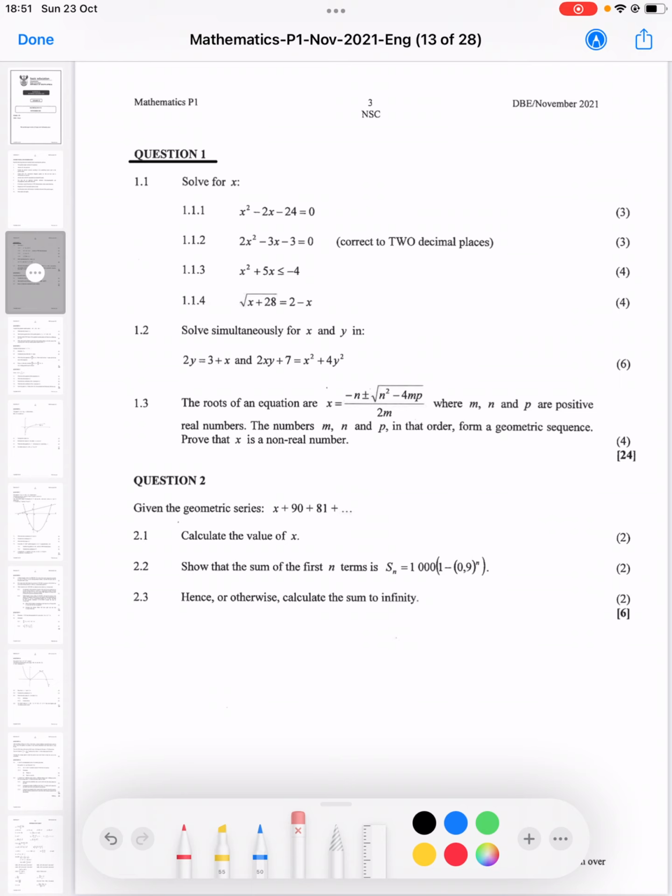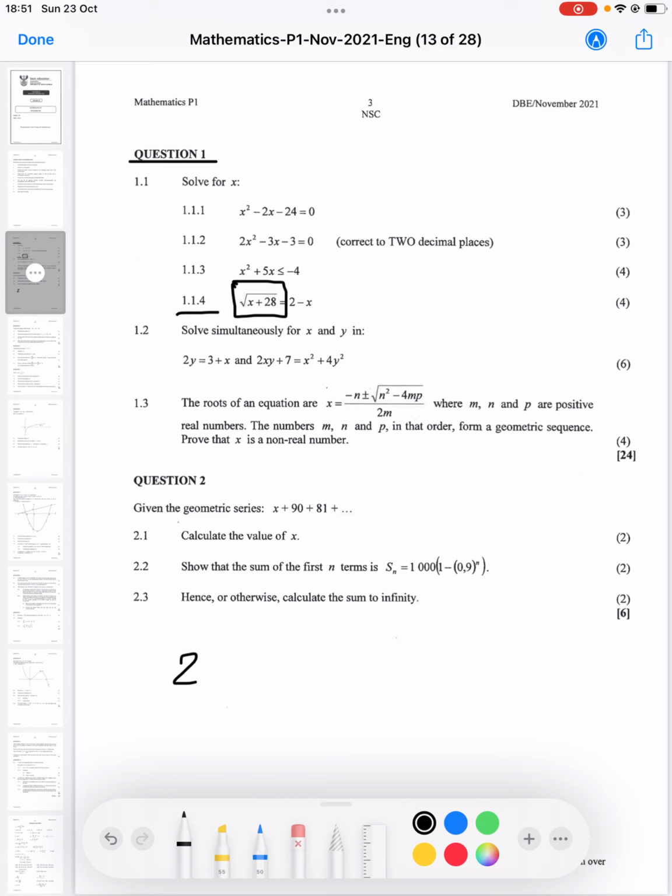So quickly, let's discuss question 1.1.4. Here you are given square root of x plus 28 equals 2 minus x. Something that you guys need to be aware of is that always when you get to this type of question that has a square root, all that you want to do is to isolate that square root. I'll give you an example.